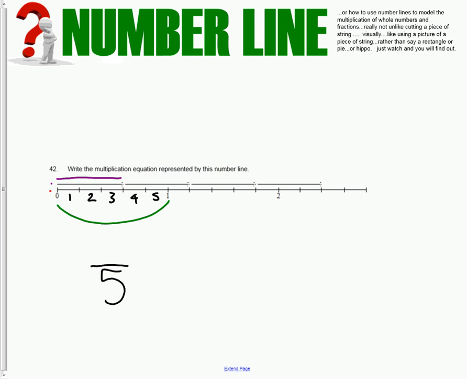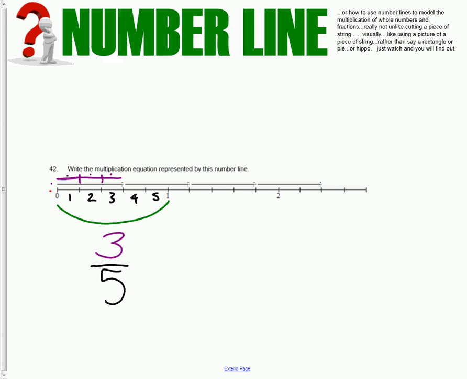So my numerator is how many pieces I have in my purple line. If I look back at my purple line, I can see that I have 1, 2, 3 pieces. So that means that's my numerator, 3.